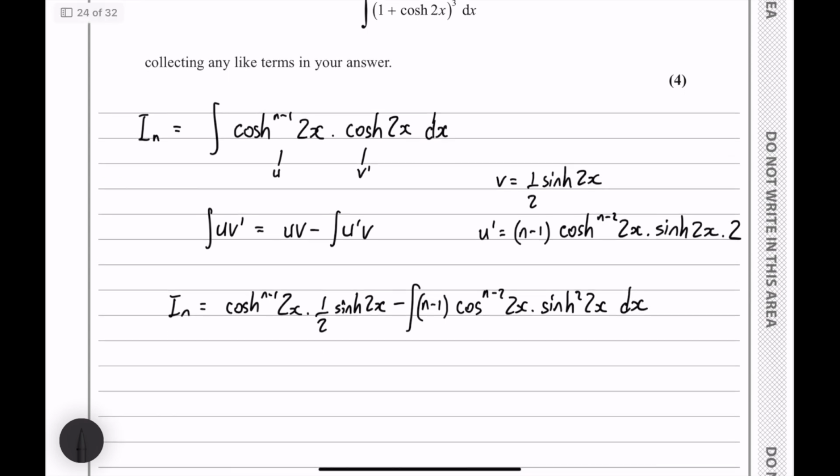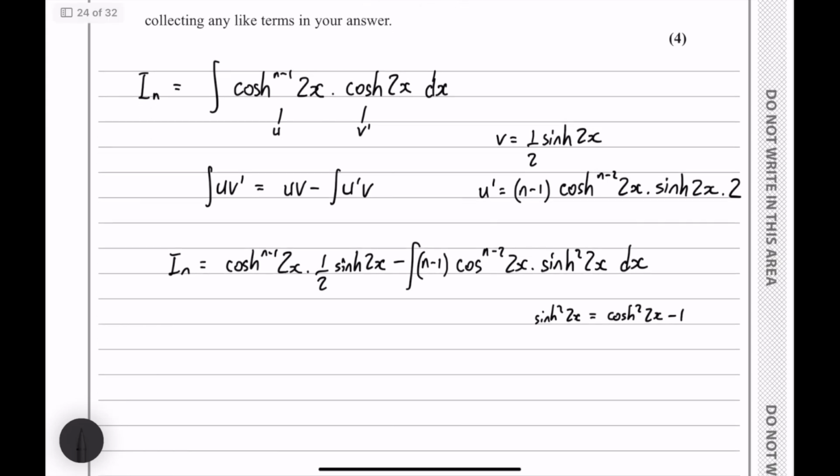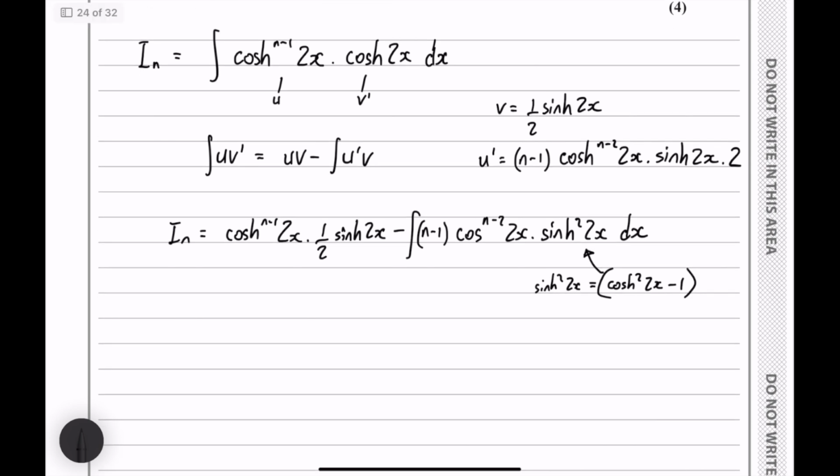Using our identity, sinh squared 2x is equal to cosh squared 2x minus 1. So if we substitute that in there, and I'll also take the n minus 1 at the front, then when we expand that bracket, we get cosh n minus 2 times cosh squared gives us cosh n again.